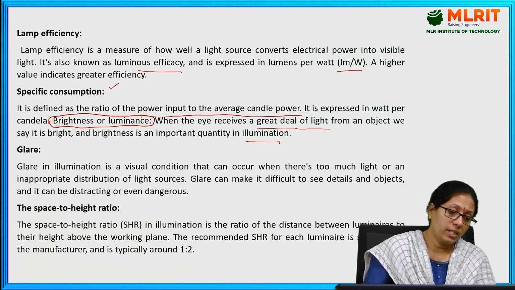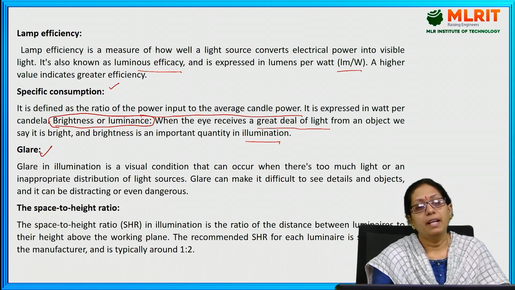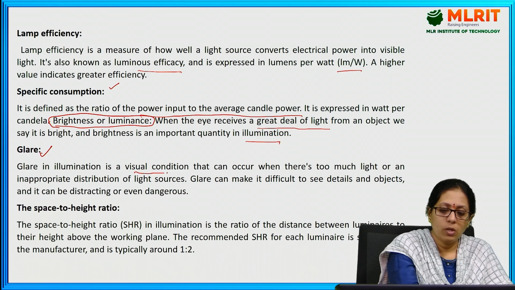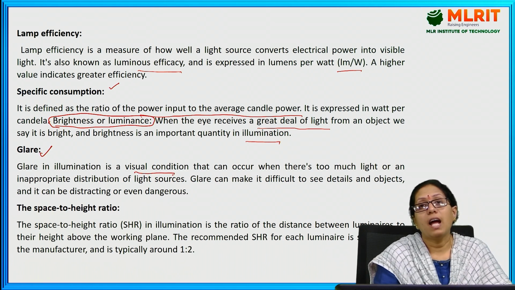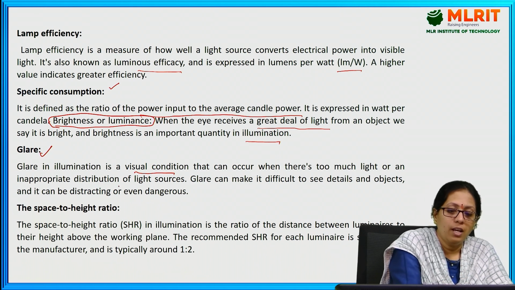The next one is glare. Glare in illumination is a visual condition that can occur when there is too much light or an inappropriate distribution of light sources.